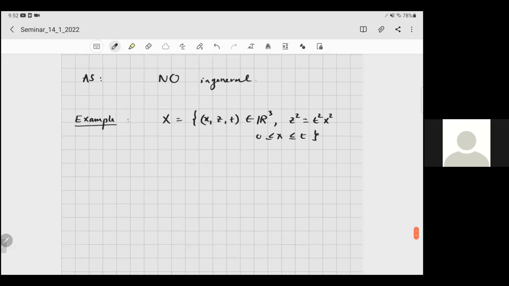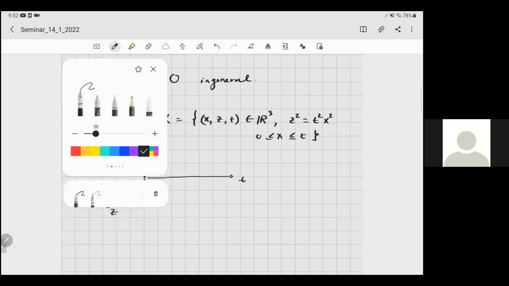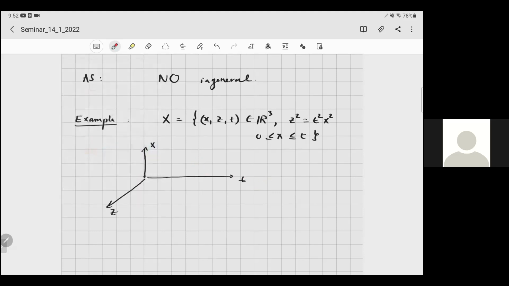If you look at this, the picture of this example looks like this. I have the coordinates in R3, I put x, z-axis and t-axis here, and the set looks like this.